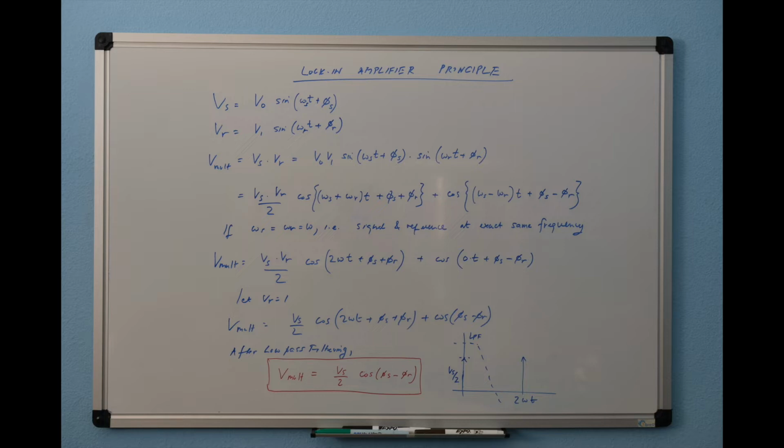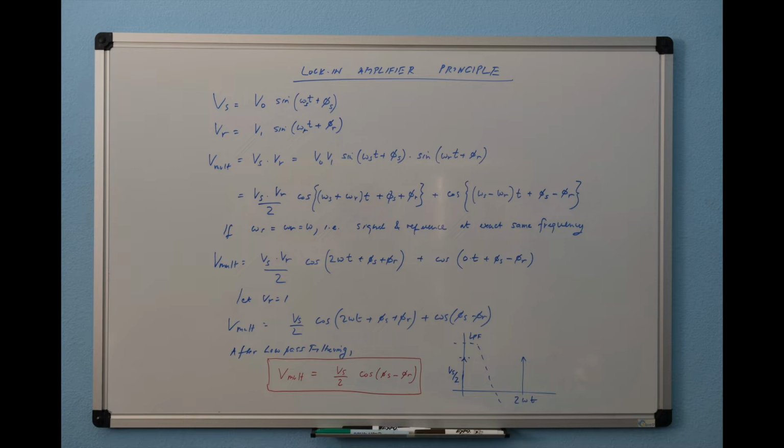Now if omega s is equal to omega r, which is equal to omega, we can simplify this and write it as Vs Vr over 2 times cosine of 2 omega t plus phi s plus phi r, plus cosine of 0 t plus phi s minus phi r.